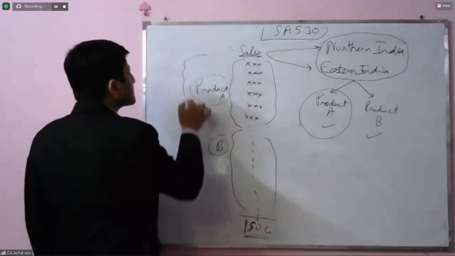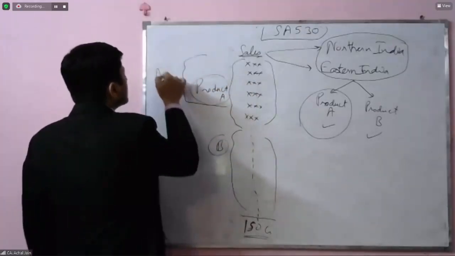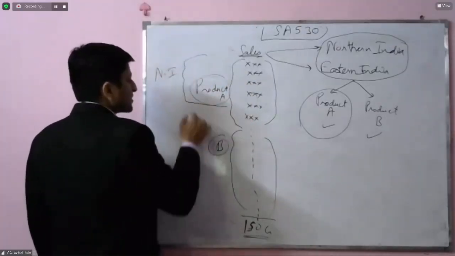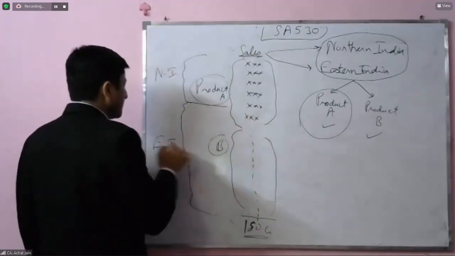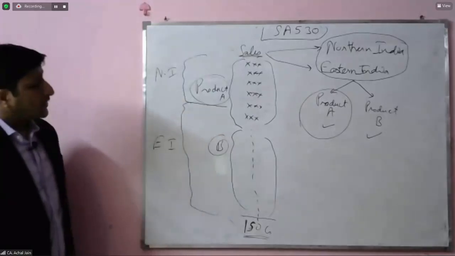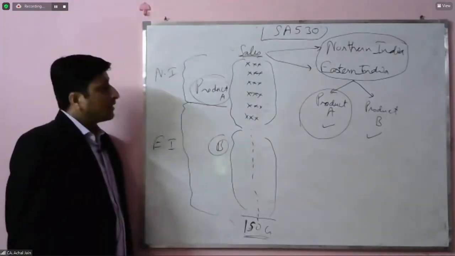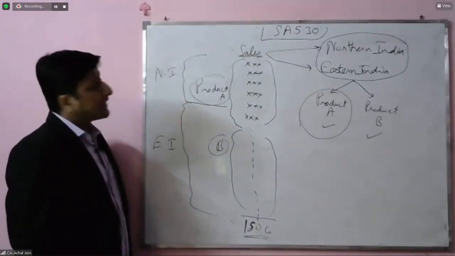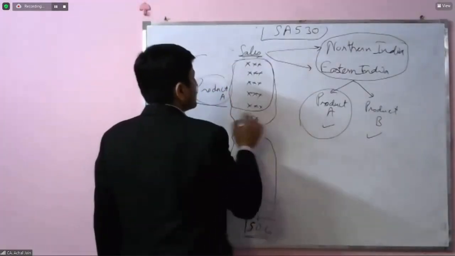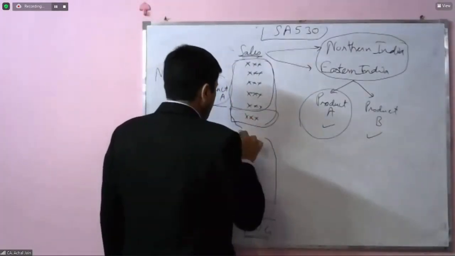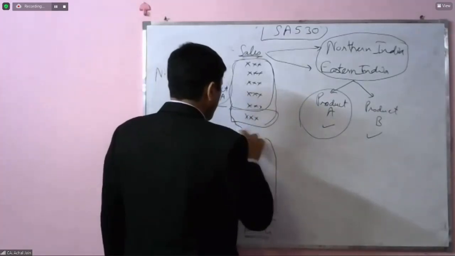Say this part of the population is towards the first region and this part is towards the second region. Now once again, the auditor will ensure that this is population 1, this is population 2, and this is, let's suppose, population 3.